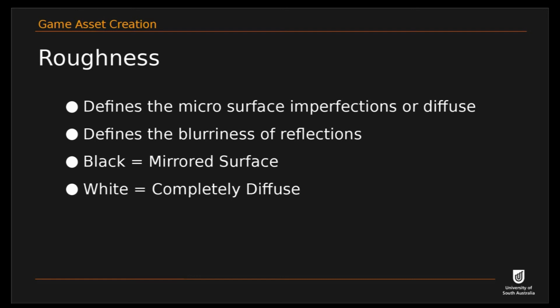And if it is a roughness of white, or 100%, or 1.0, whatever value you're plugging in there, that will give us a completely diffuse surface or a very rough surface. To bring back that example, that would be where your wood that's been roughed up with the sandpaper would be a white roughness, completely diffuse.